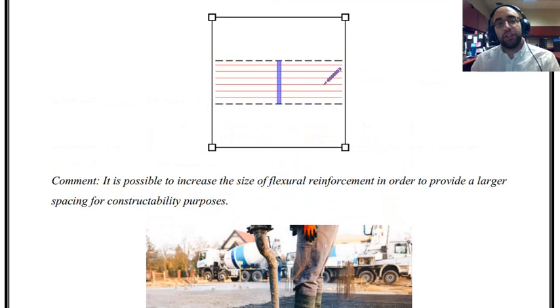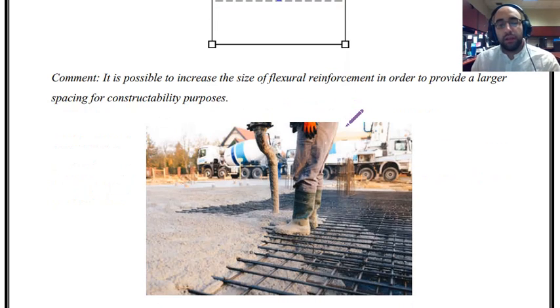So 1.7 inches as the spacing between the bars is satisfying all the limits based on the code, but yet it might not be very practical in terms of the constructability, or whether the workers that we have in the site can really construct the slab.